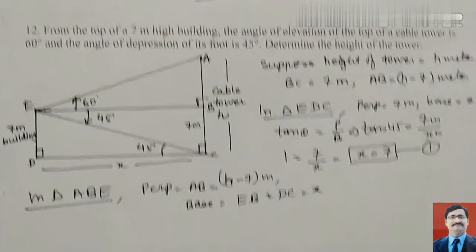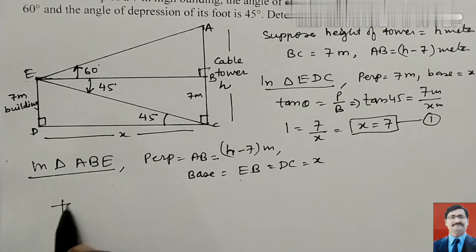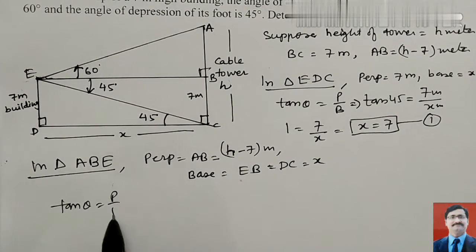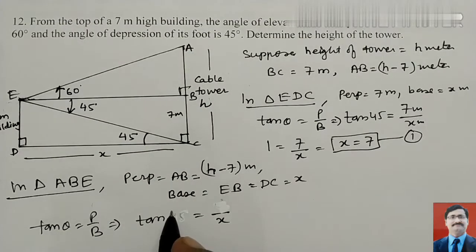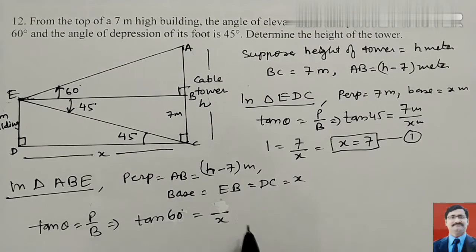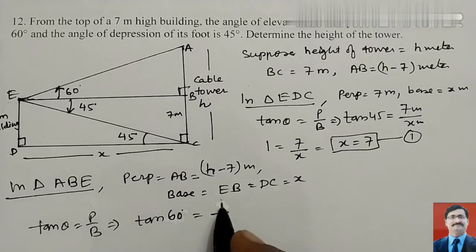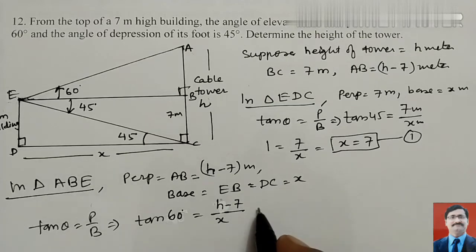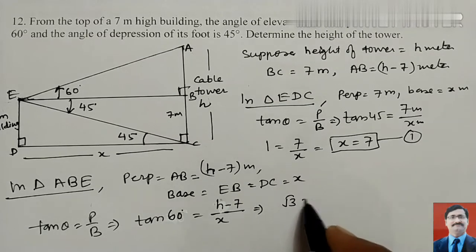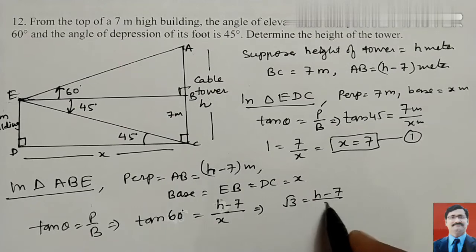So tan theta equals perpendicular upon base. Theta is 60 degrees, perpendicular is h minus 7, base is x. Tan 60 we already know, that is root 3, equal to h minus 7 upon x.